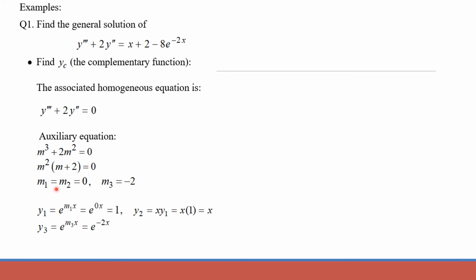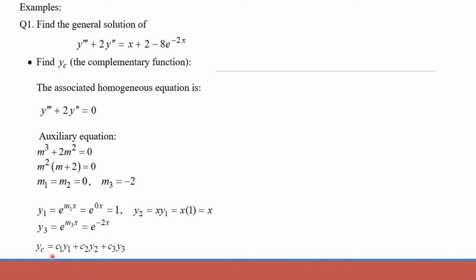For the first root, if m1 is equal to 0, therefore y1 will be e to the m1x equals e to the 0x, which is 1. Since m2 is repeating m1, y2 is x multiplied by y1, so x multiplied by 1, which is x. And for y3, since m3 is another real number, the formula for the solution is e to the m3x. Substitute m3 by negative 2, so we get y3, which is e to the power of negative 2x.